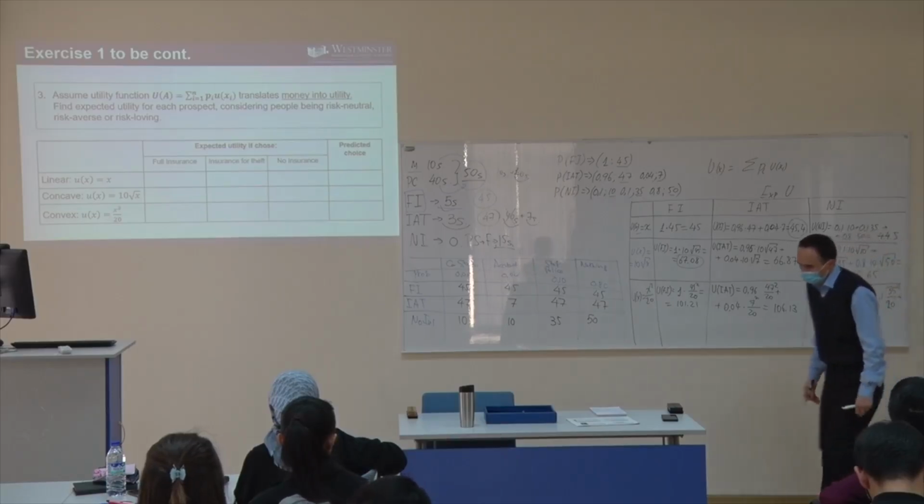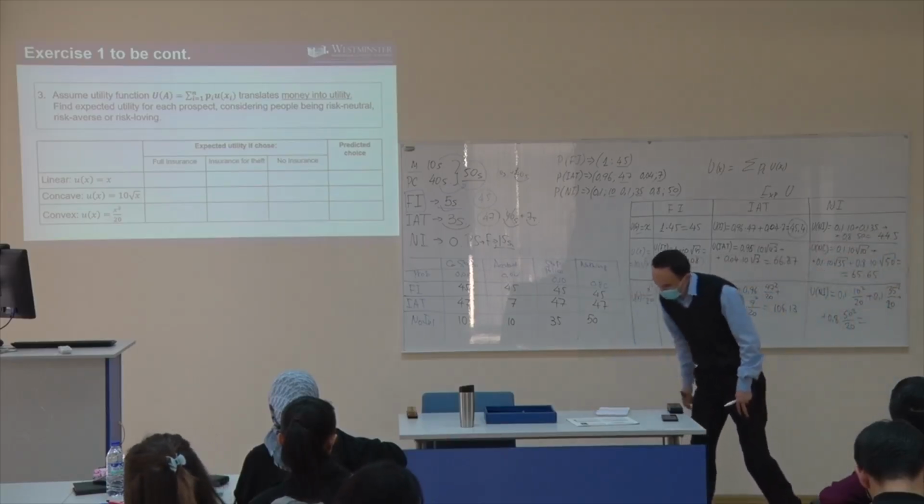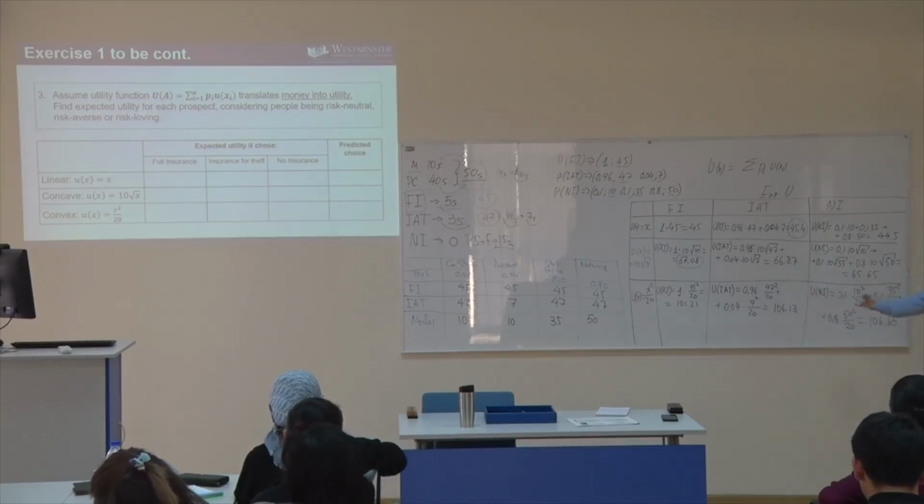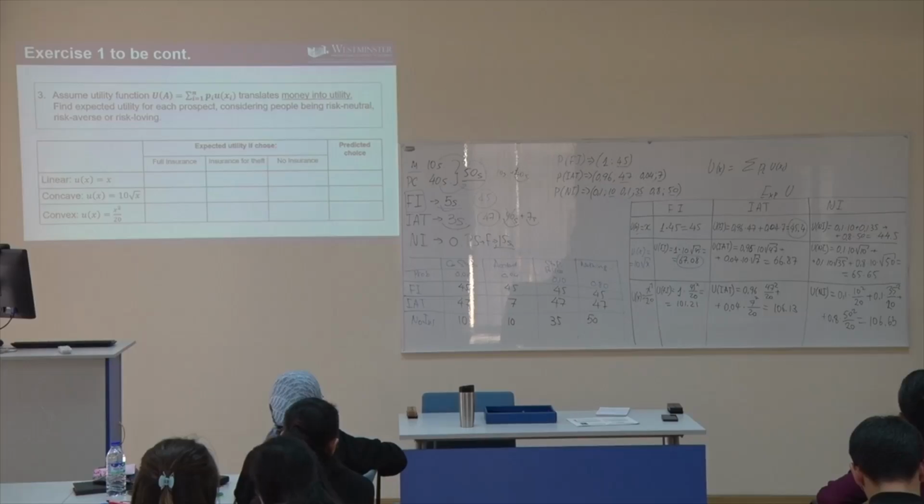If you do the calculations, it will give you 106.63. So from which one does a person expect the highest utility? No insurance. Does it make sense?